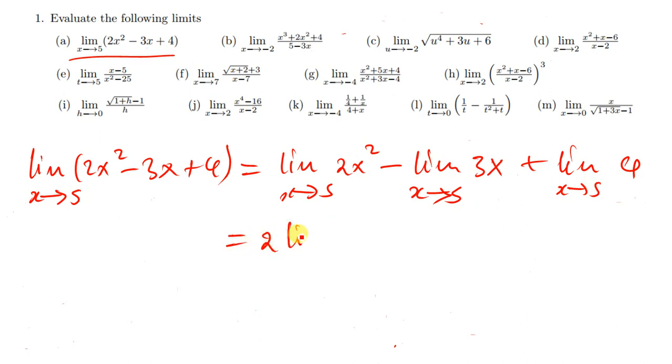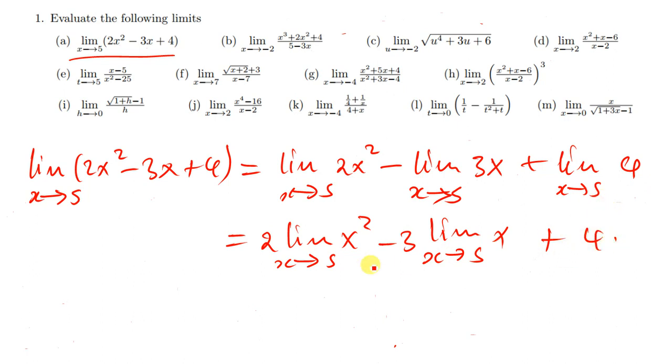So you say 2 times the limit of x squared as x is approaching 5, minus 3 times the limit of x as x is approaching 5, plus the limit of a constant, which when x is approaching any number is simply the constant. The limit of x squared when x is approaching 5 is simply found by replacing x with 5.